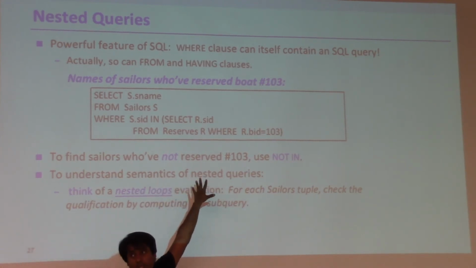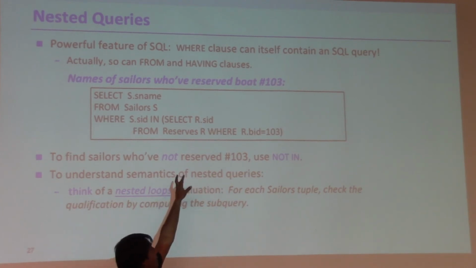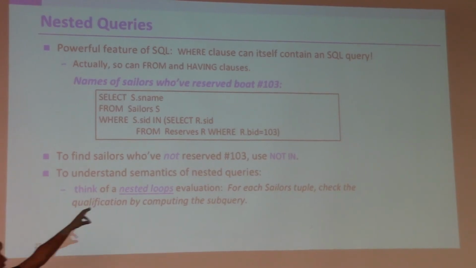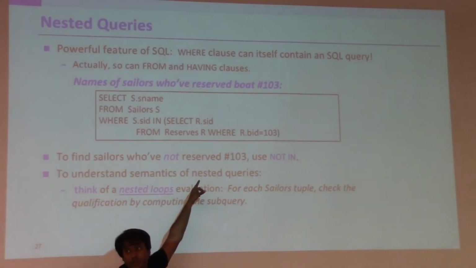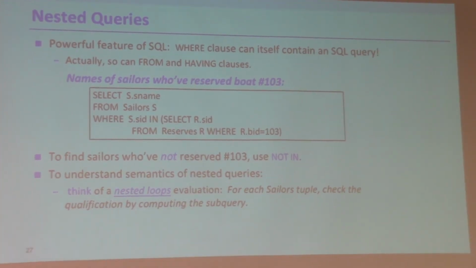So this part is the dynamic one. For each sailor, it evaluates this part and checks whether the sid is within that evaluated expression. If it matches, then it outputs.